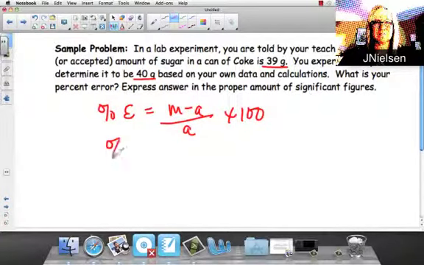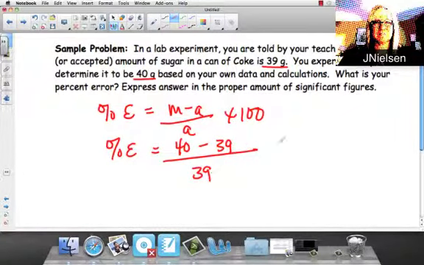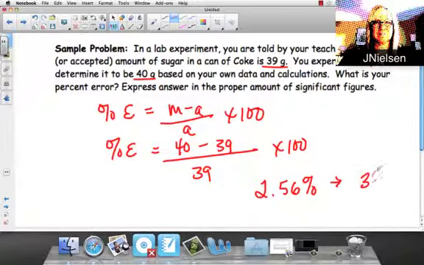So percent E equals 40 minus 39 over 39 times 100. Now, 39 grams has 2 sig figs, 40 only has 1 because there's no decimal. So when we do the math on this, 2.56% error, and since we can only report it to 1 sig fig, we're going to have to make this 3% error. Okay, that's it for Unit 1.